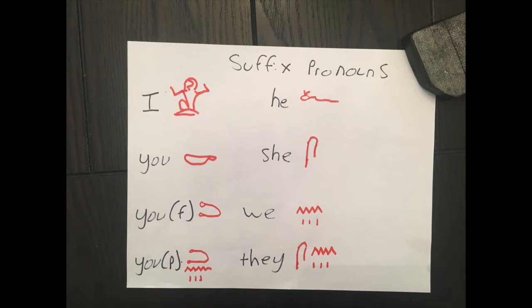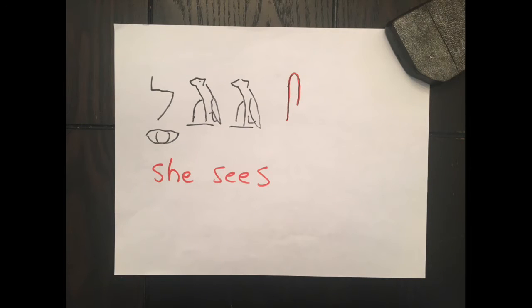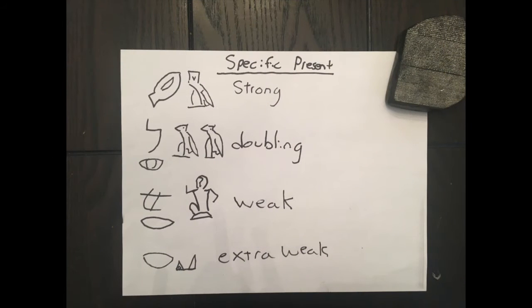So if you remember your suffix pronouns: I, you feminine, you plural, he, she, we, and they. These are absolutely worth memorizing, writing down on flashcards, tattooing onto your arm, whatever it takes. But these are good ones to definitely focus on. So if you were going to do present tense, she sees, we've got a doubling verb, and you've got the suffix pronoun sh for she, the bolt of cloth, which is the word she in the suffix pronoun.